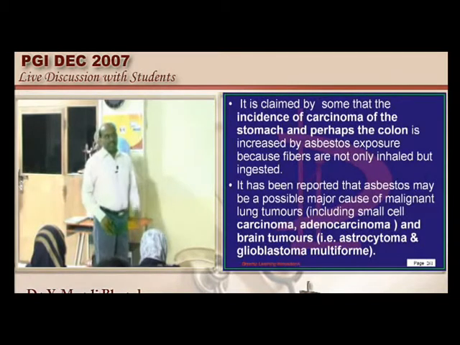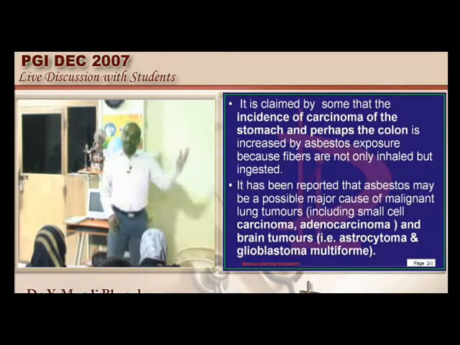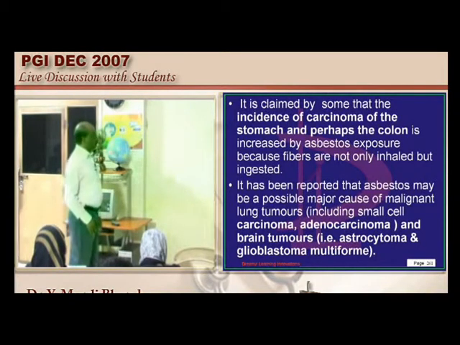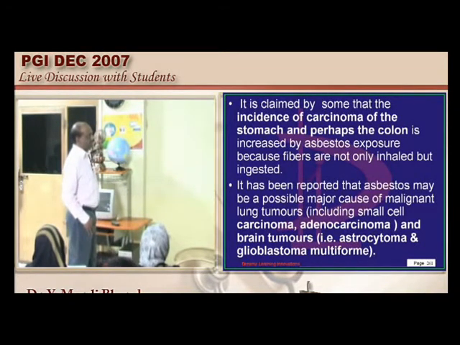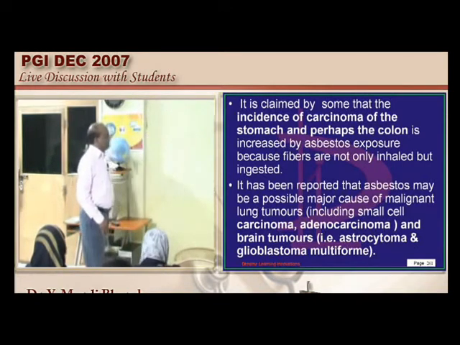Even colon cancer and brain tumors like glioblastoma multiforme and astrocytoma are implicated. So the examiner is expecting all these things, not just mesothelioma: stomach, colon, larynx, bronchogenic. It is rarely implicated, which needs to be remembered.